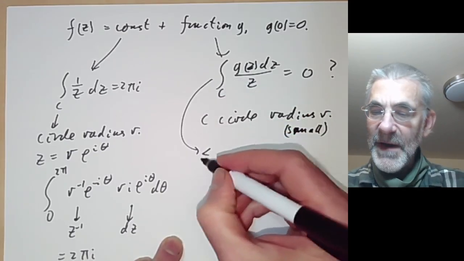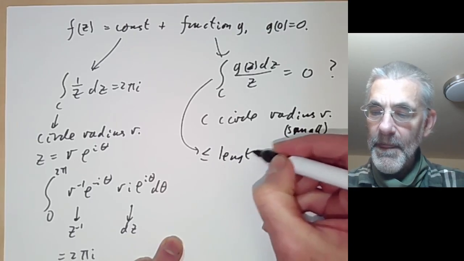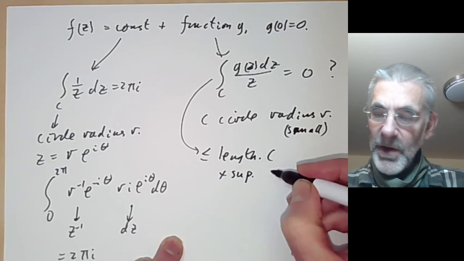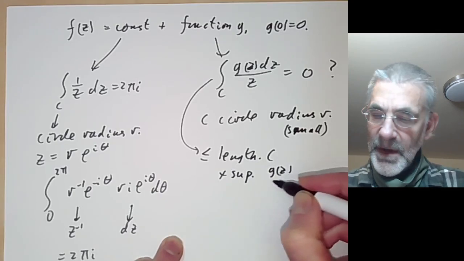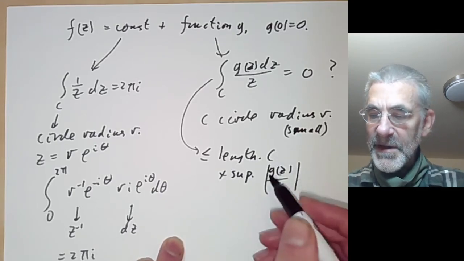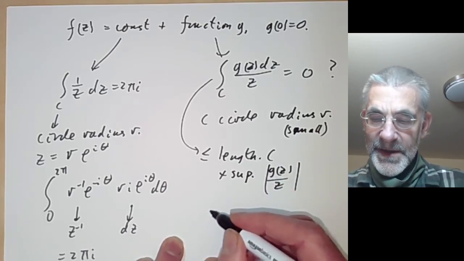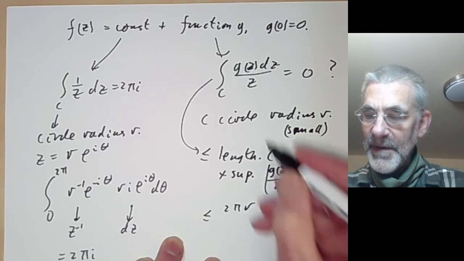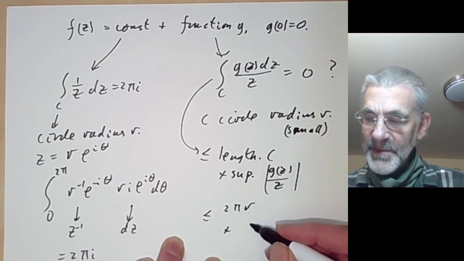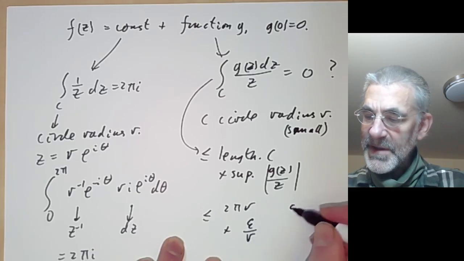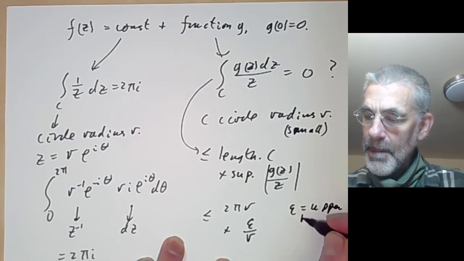In absolute value, it's less than or equal to the length of C times the supremum of g of z over z on the circle C. And this is less than or equal to 2 pi r, that's the length of C, times epsilon over r, where epsilon is an upper bound for g.